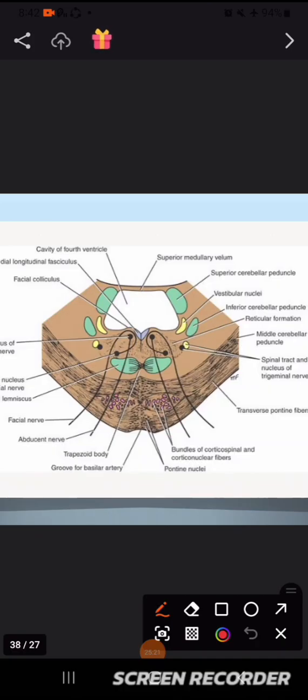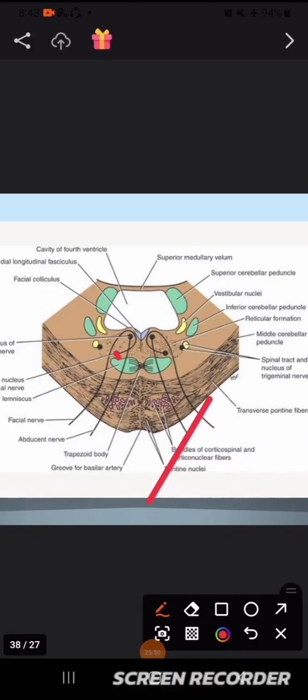In the transverse section of the pons at the lower part, this is the facial nucleus. The facial nucleus supplies the muscles developed from the second pharyngeal arch, including the muscles of facial expression, posterior belly of digastric, stylohyoid, and stapedius muscle.